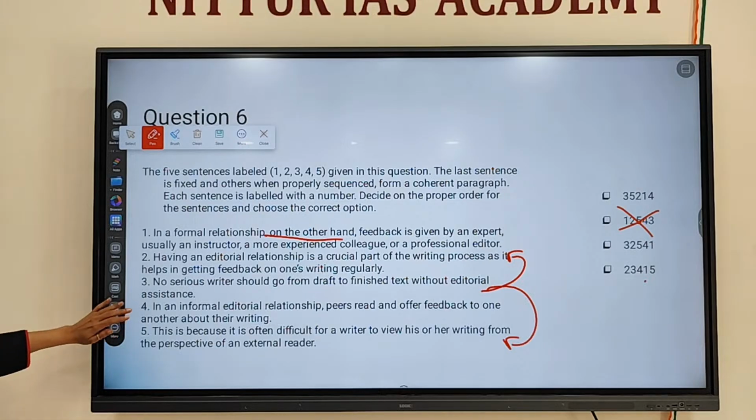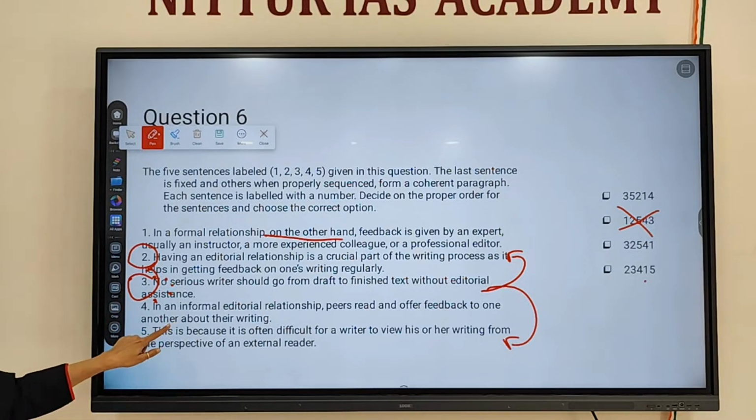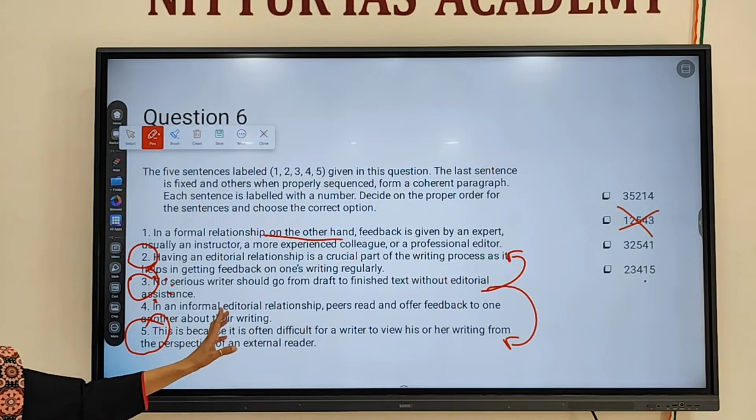See, no serious writer should go from draft to finished text without any assistance. Having an editorial relationship is an important part of the writing process because it will help to get feedback. And why is feedback necessary?